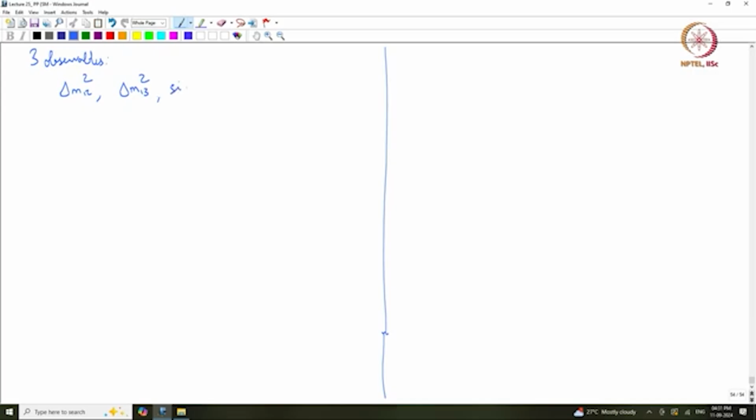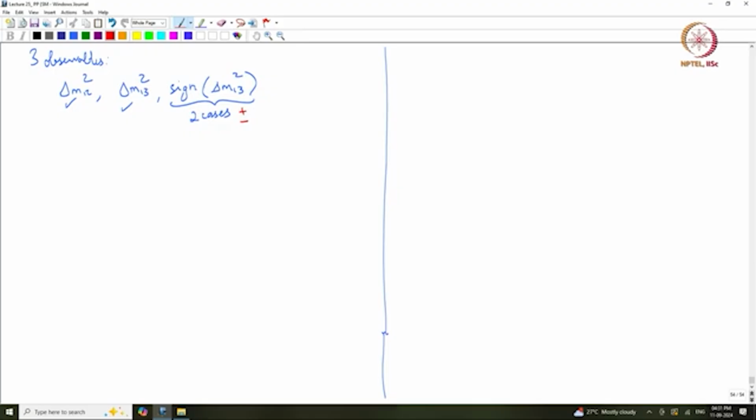So that is yet another sign of delta m13 squared. So this is fixed, but this obviously corresponds to 2 cases, there is a plus and a minus, correct. So that is why we can order the neutrino masses in 2 different ways.